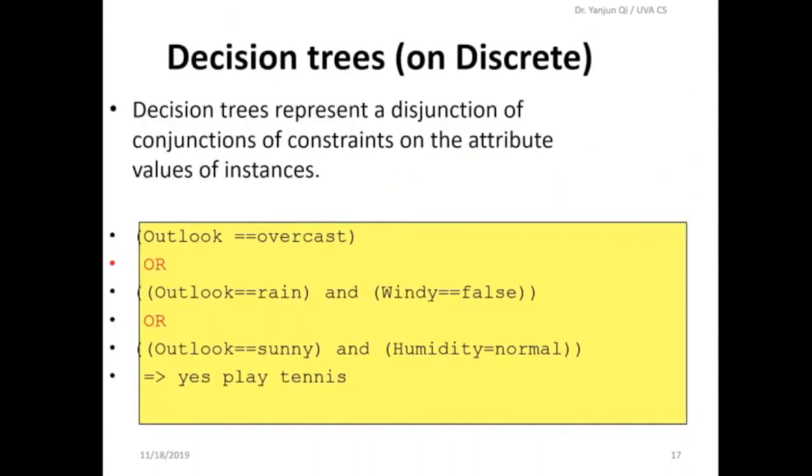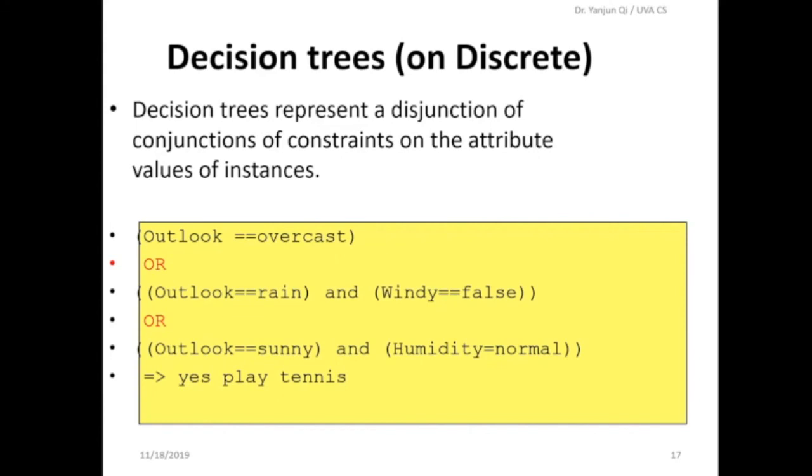It means the decision tree on this kind of discrete data is represented as a disjunction of a set of rules, and each rule is a conjunction on the attributes' values of interest. And you can totally rewrite the decision tree into this.